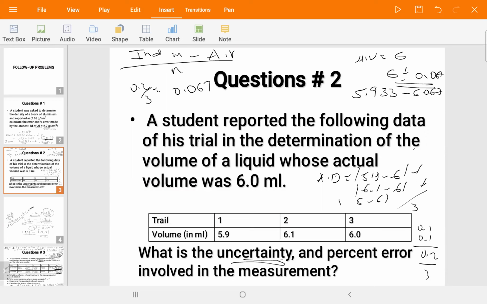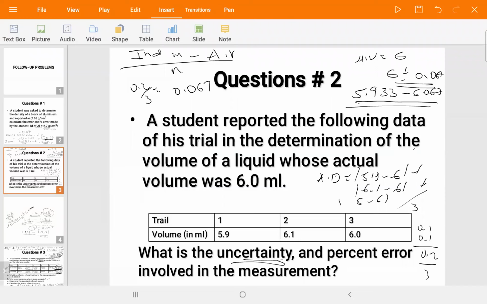So what does it mean? Uncertainty means doubt in our measurement, so the doubt here is this. If you have an uncertainty of 0.067, then for another student doing it under the same condition, we can be certain that the average value of the 3 measurements will be between these 2 values.